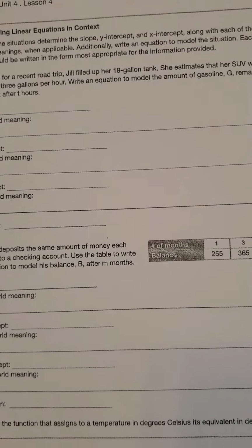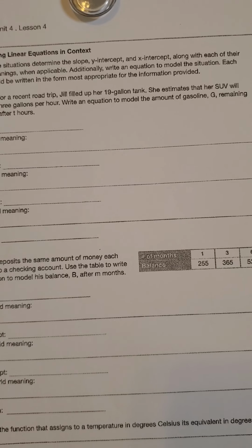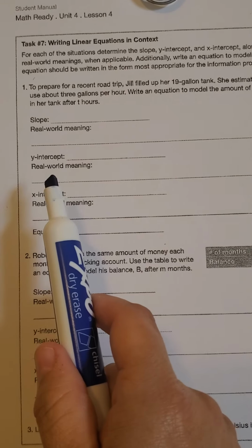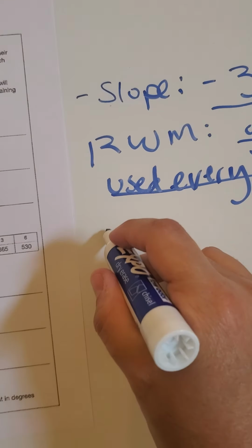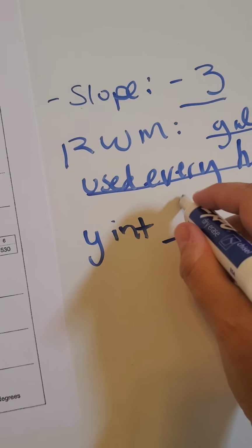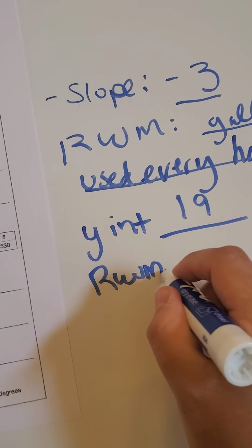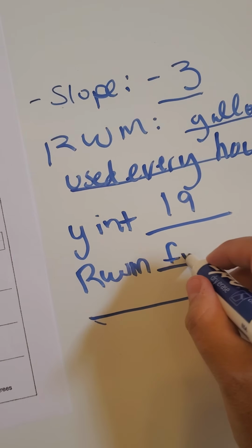All right, so 19-gallon tank, what do you think that represents? Hopefully you said y-intercept, because that's where I'm starting from, okay? So y-intercept would be 19, and that real world meaning, I just shorthand it, means full tank, right?